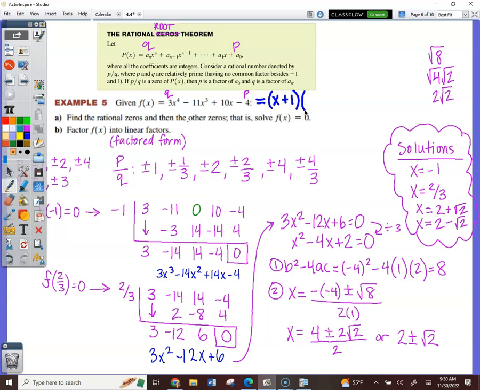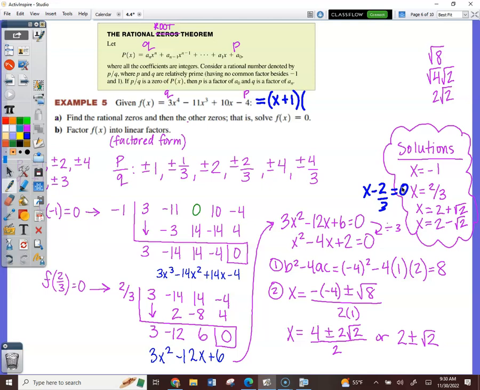It would be x minus 2/3, right? But have you ever seen a factor that had a fraction in it? You've never seen a factor with a fraction in it. So you have to think to yourself, if it was x minus 2/3, multiply what? Multiply by that denominator, and then the fraction's gone, and there's your factor. So it'd be 3x minus 2.